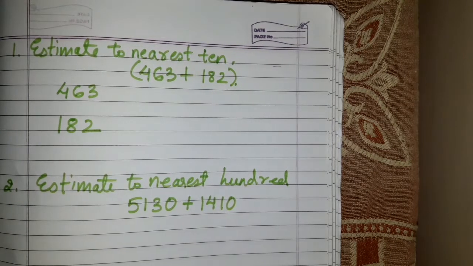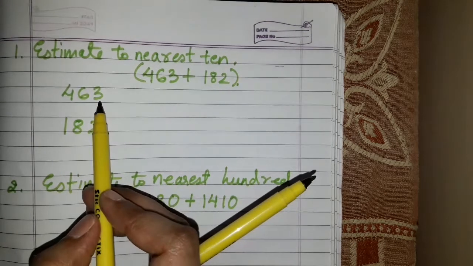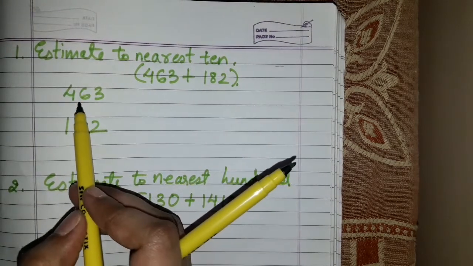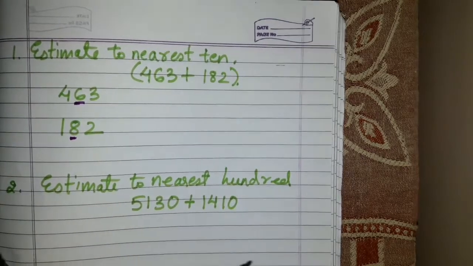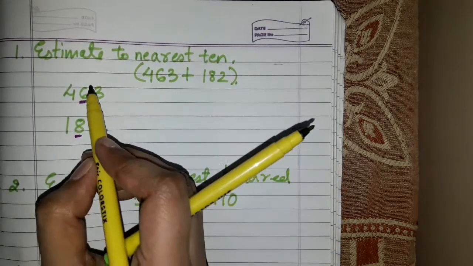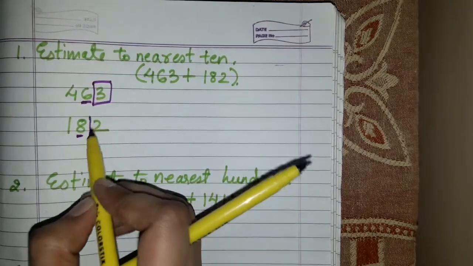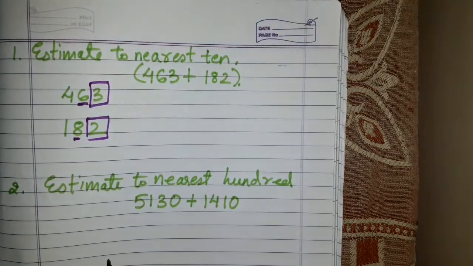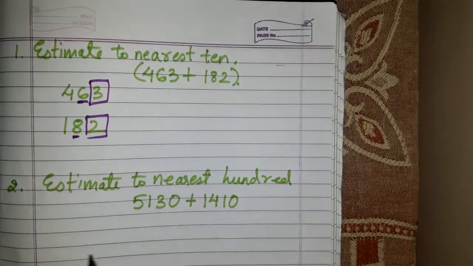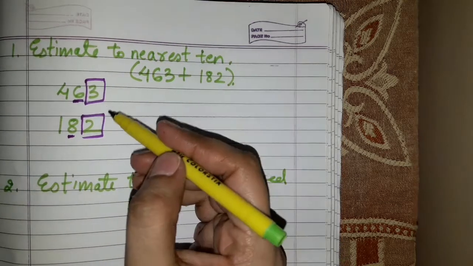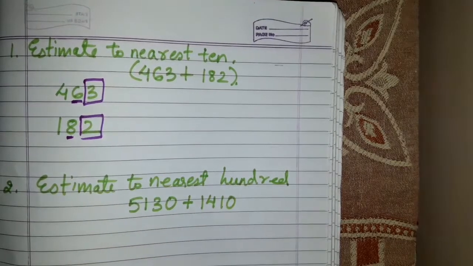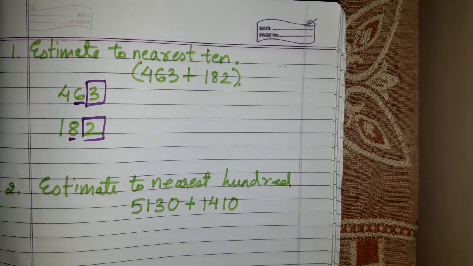So now let's see the digits. Here the digit mentioned on the right hand side is the tens value. Now let's see the digits on the right hand side: 3 and 2. Both are less than 5. Now this will become 0 as they are less than 5, and so we apply the first rule of rounding.